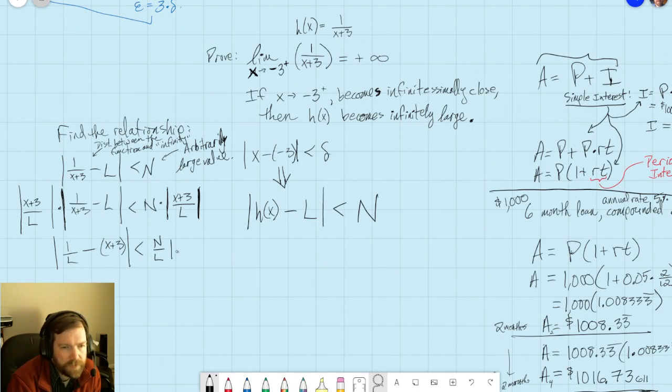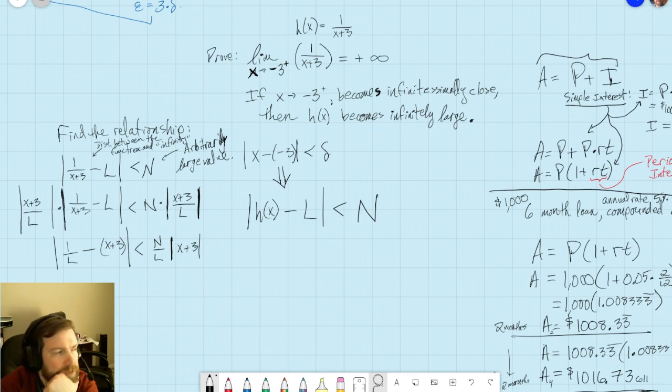And this is still absolute value x plus 3, which... yeah, that's going to cause a problem, though.